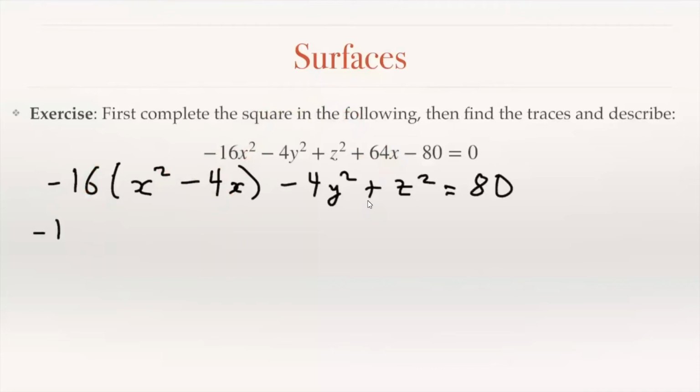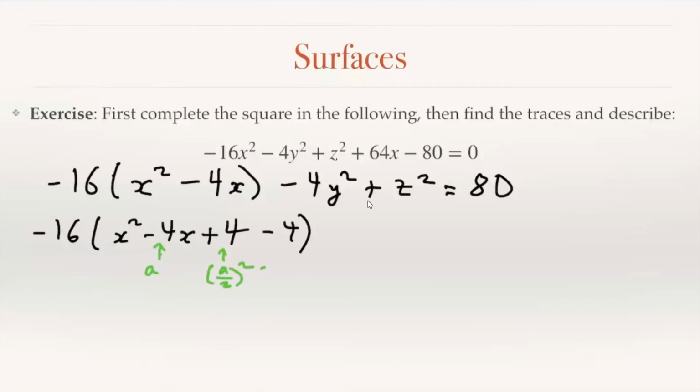Okay, now we can complete the square here. So we have x squared minus 4x plus 4 minus 4. Okay, so this is our a. This is a over 2 squared. So is that.